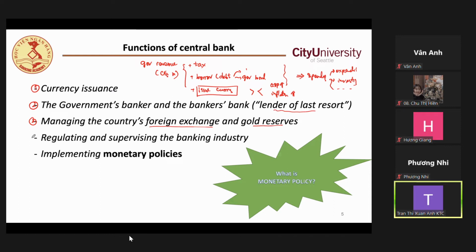The central bank also regulates, observes, or supervises the banking industry to create the stability of the financial system, in order to obtain the final objective, that is, to create confidence.